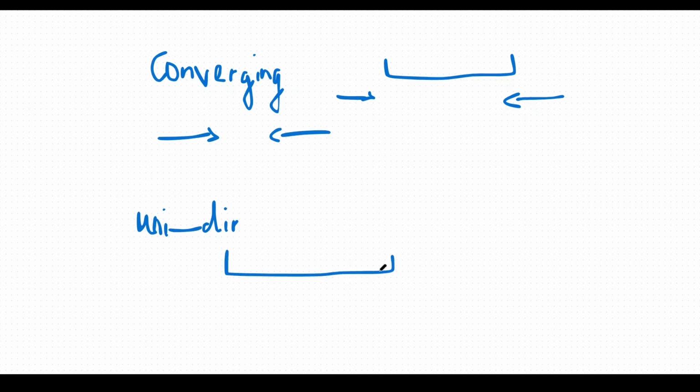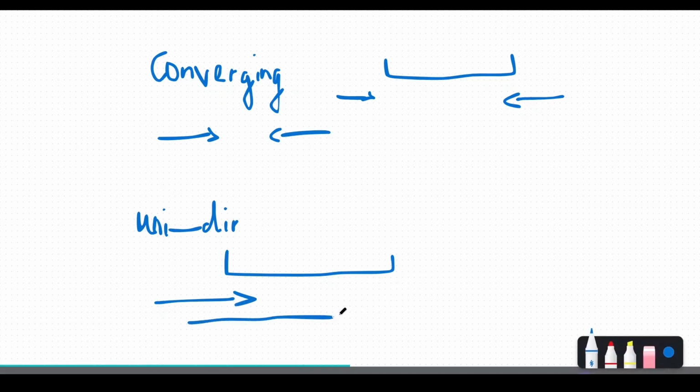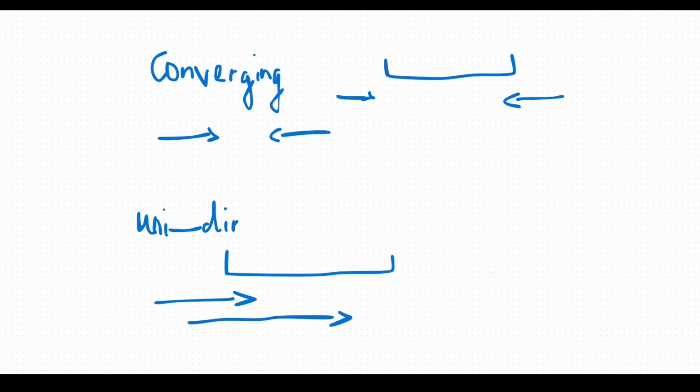This means that if we have a certain array, then if one pointer moves towards the right, the second pointer will also move towards the right, and vice versa. So these are the main types of two-pointer approaches we have.